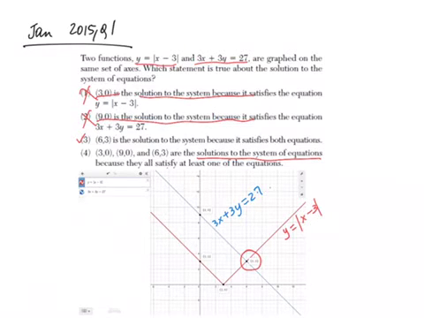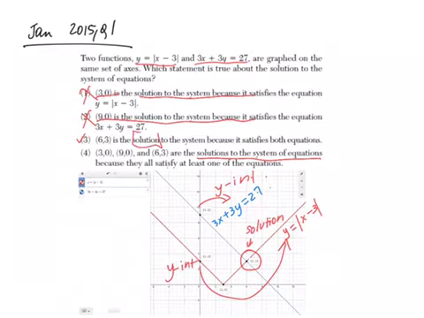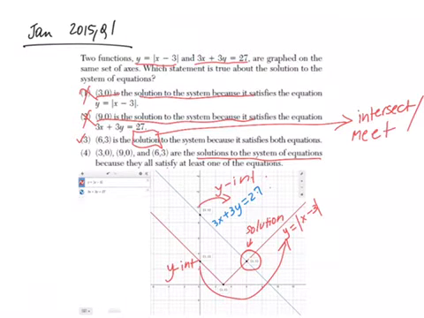This is the y-intercept for this, this is the y-intercept for this graph, right? It's not the solution. The solution is only this value where they intersect. When they ask for the solution, they're asking where these graphs are intersecting or meeting. Okay, so 3 is the answer choice.